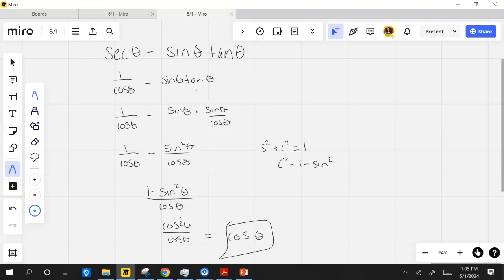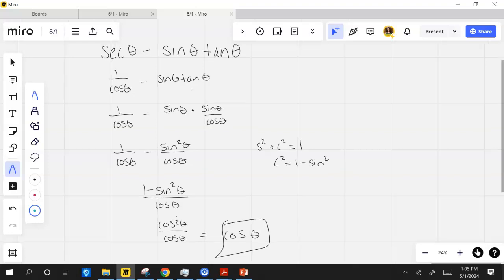Just reduce down to cosine. It is. I agree. Secant's 1 over cosine. Yeah, cosine's not even in there initially. There's a 1 over here. There's a 1.